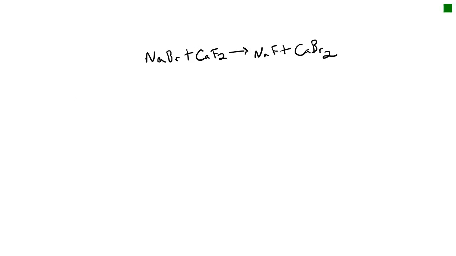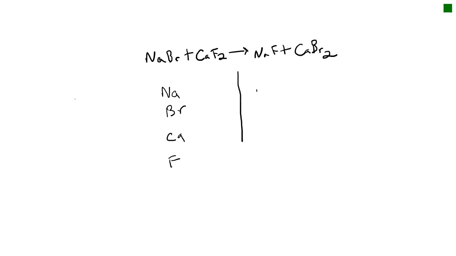You have to separate your reactants from your products, and just set yourself up a table here to help you with the accounting. So just go ahead and account for all your atoms. We have sodium, bromine, calcium, and fluorine. That's my left side, my reactants.